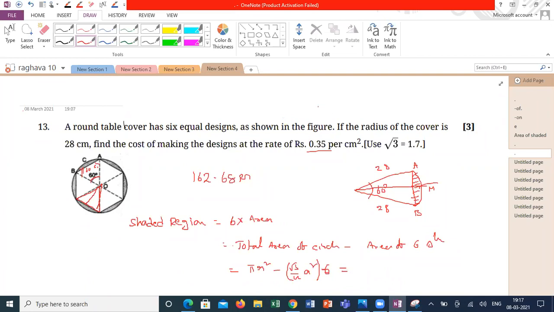Anyone got the answer? Others? Yes, any others got the answer? Only one person gave the answer for this.